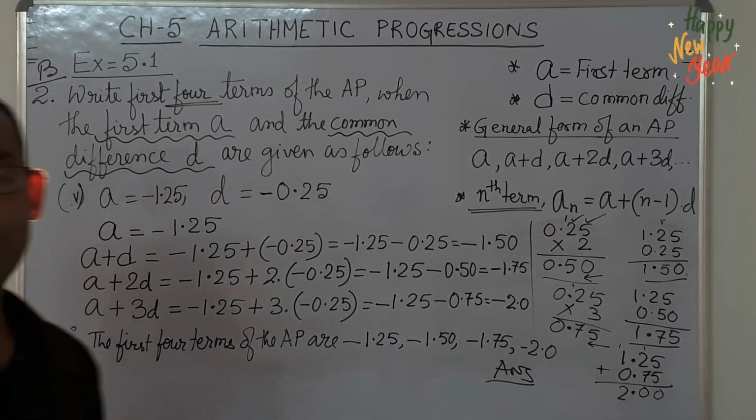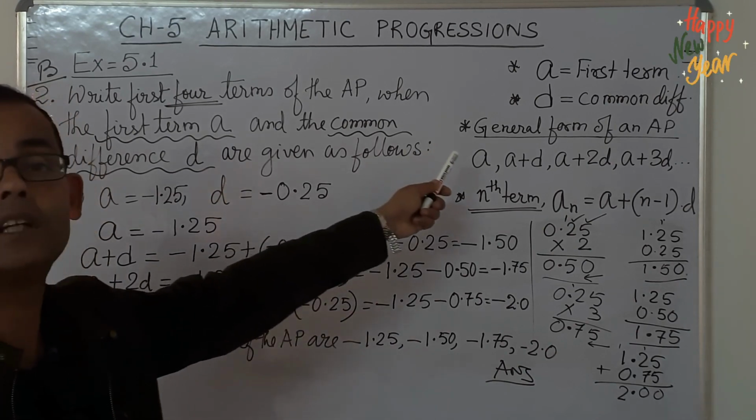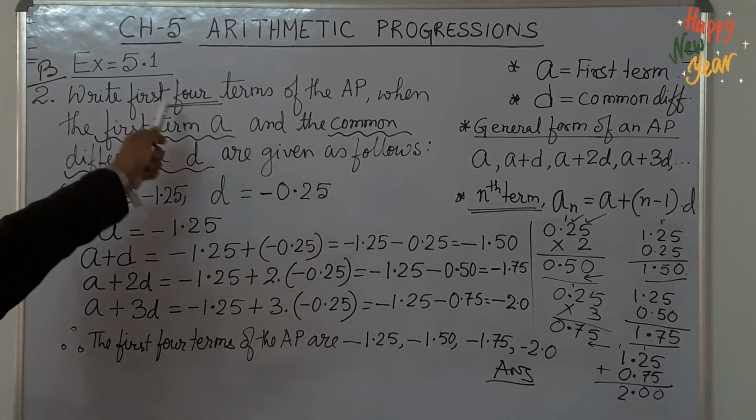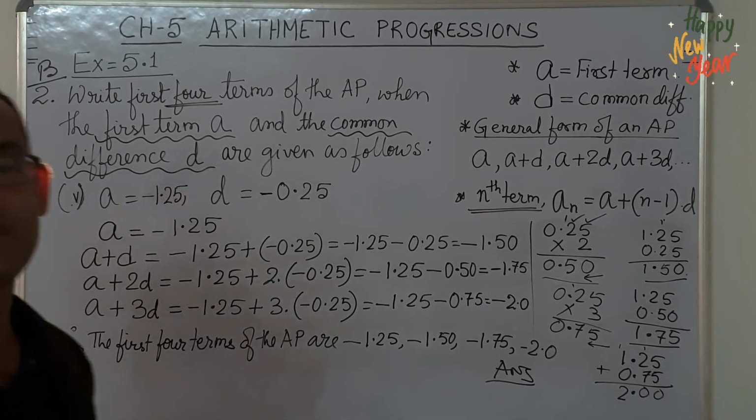I hope all of you have understood nicely how to use the general form of an AP to find out the first 4 terms or first 5 terms or 6 terms.